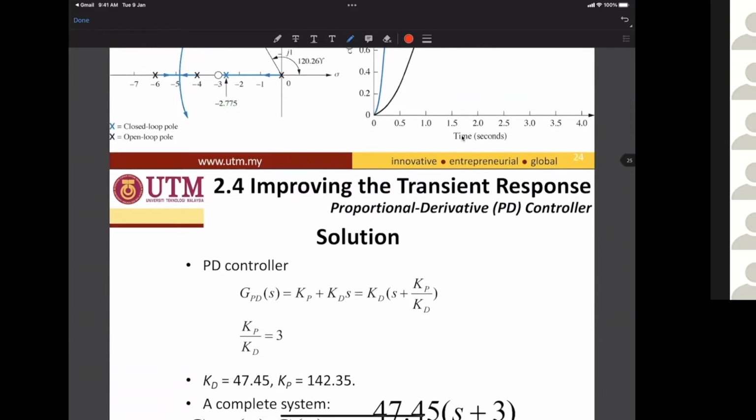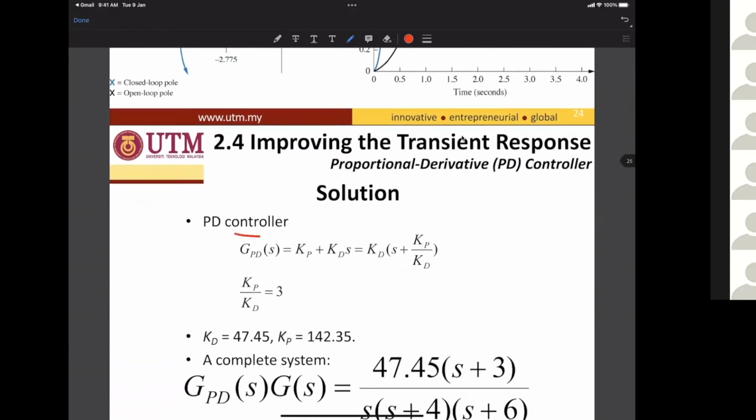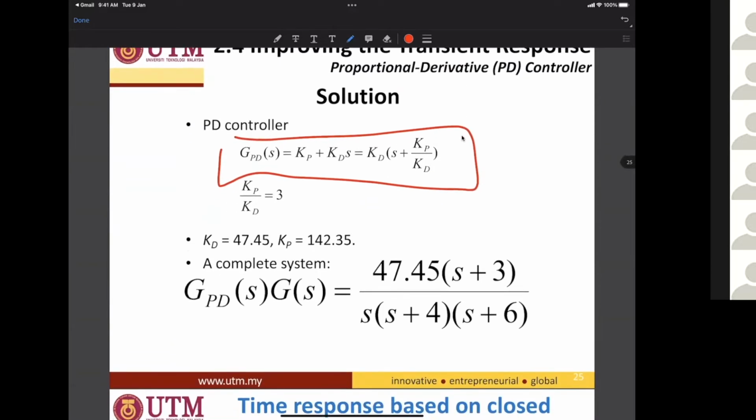Okay, so this is the structure of the PD controller. KD multiplied by S plus KP over KD, where KP divided by KD is equal to 3. Okay, then simplify. So kita dapat KP 47.5 and 142.35. So this is the final answer for the PD controller multiplied with the open loop transfer functions.